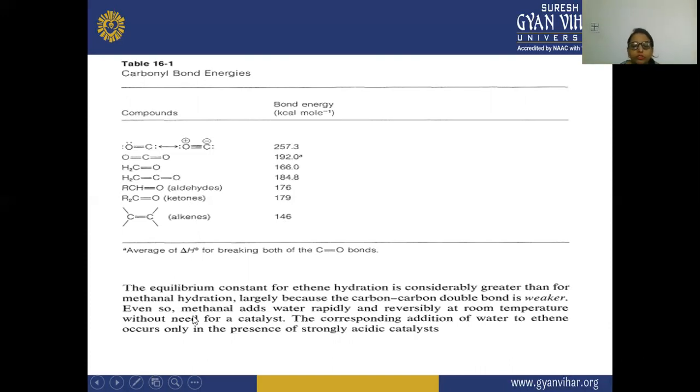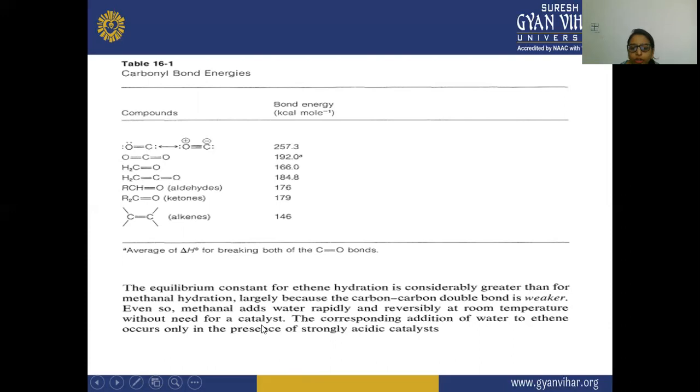The equilibrium constant for methanal hydration is considerable. It is greater than the ethene hydration, which we did on the last slide, largely because the carbon-carbon double bond is weaker. Methanal adds water rapidly and reversibly at room temperature without need for a catalyst.